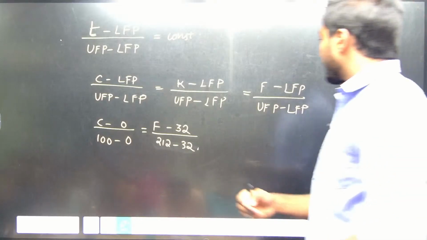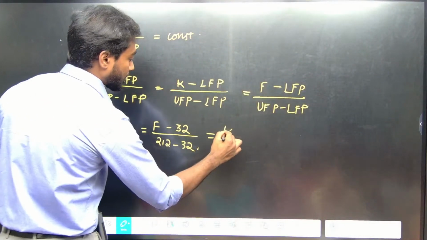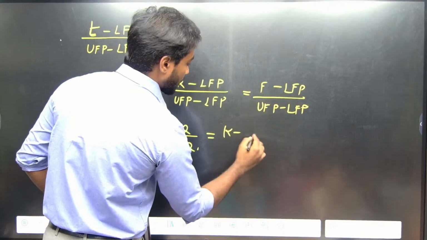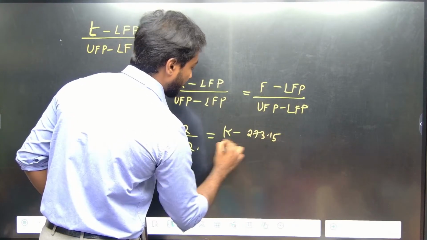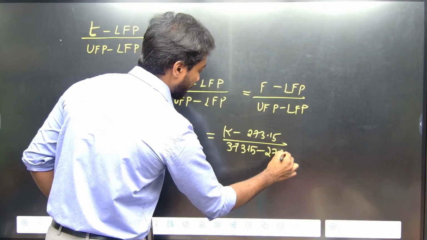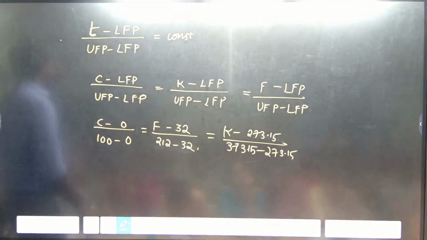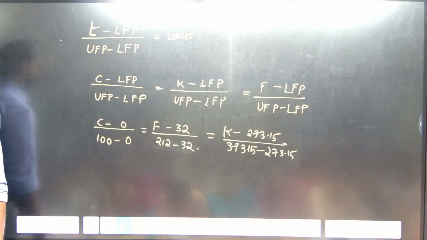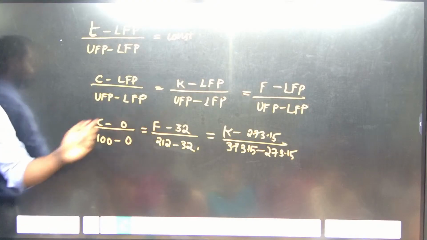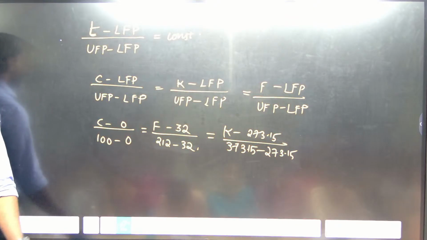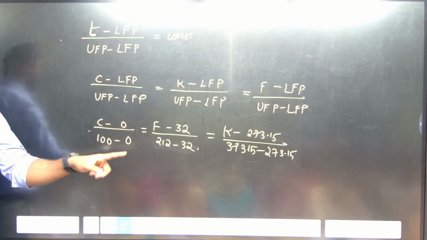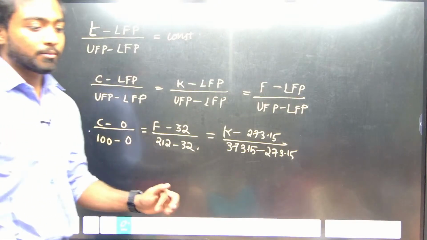Similarly for Kelvin: (K minus 273.15) by (373.15 minus 273.15). Only remember this equation, enough to convert Celsius to Fahrenheit, Fahrenheit to Celsius, Celsius to Kelvin, Kelvin to Celsius.